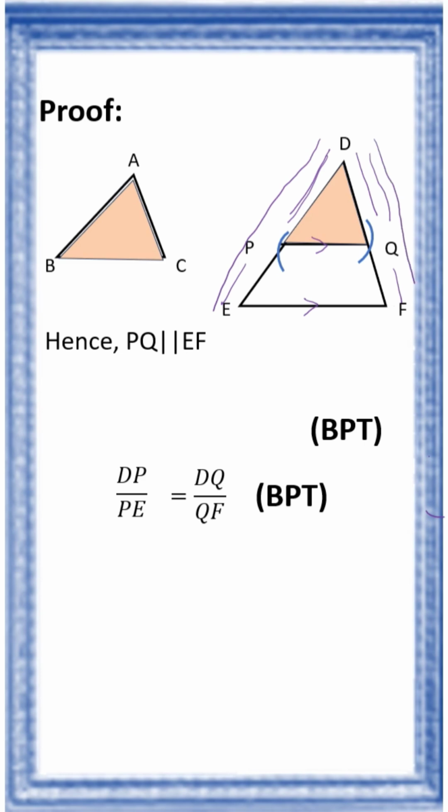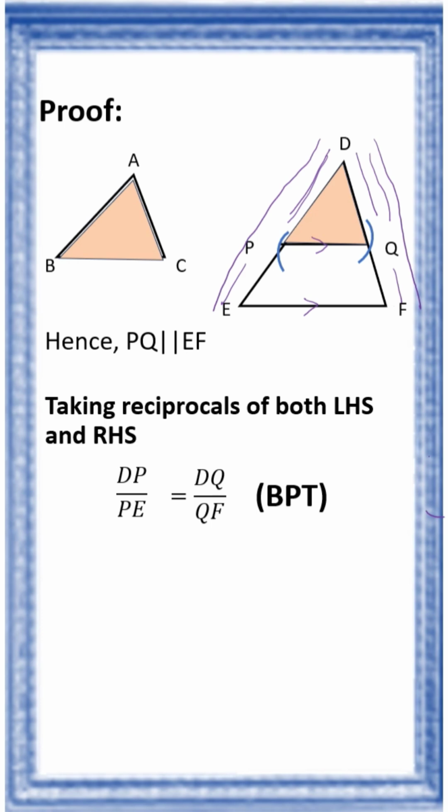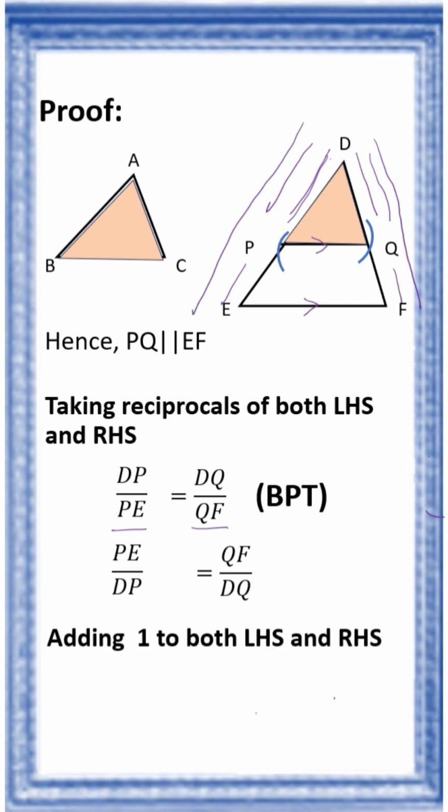Observe the figure. In order to get this result, we have to take the reciprocal of both LHS and RHS. What is the reciprocal of this one? PE by DP. The reciprocal of this one is QF by DQ. In order to get the result, that is DP by DE, we have to add what? 1 to both LHS and RHS.